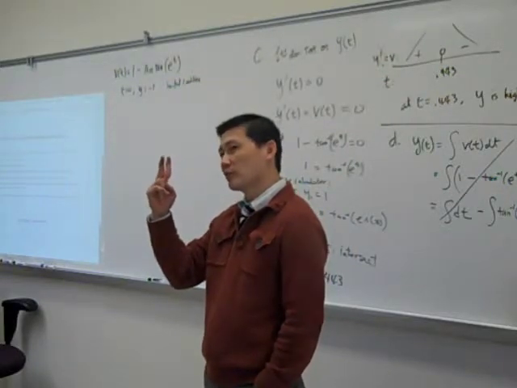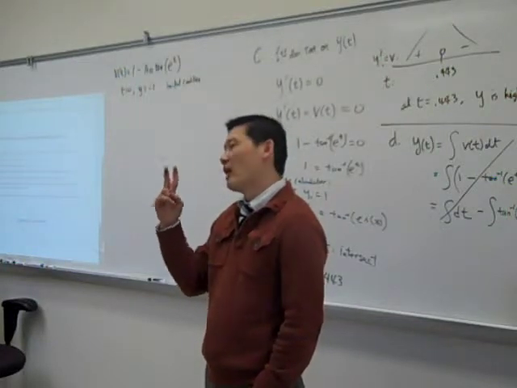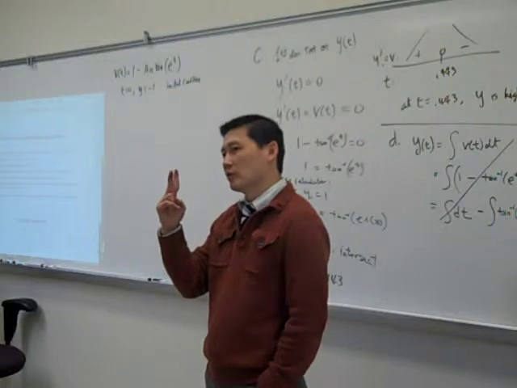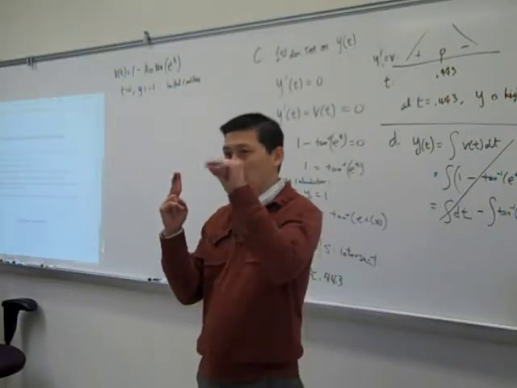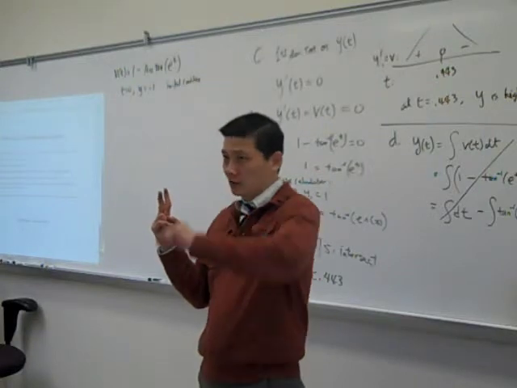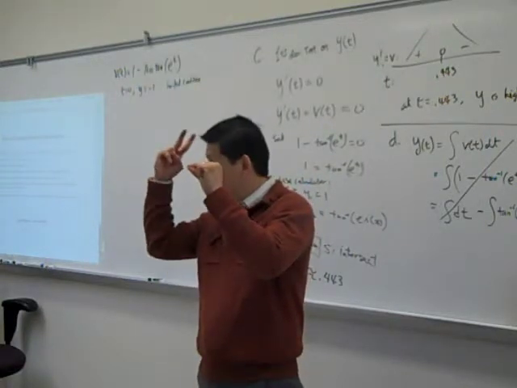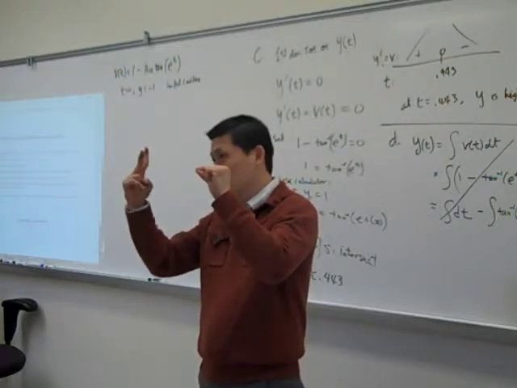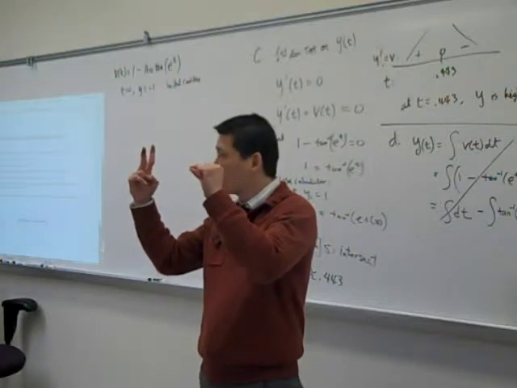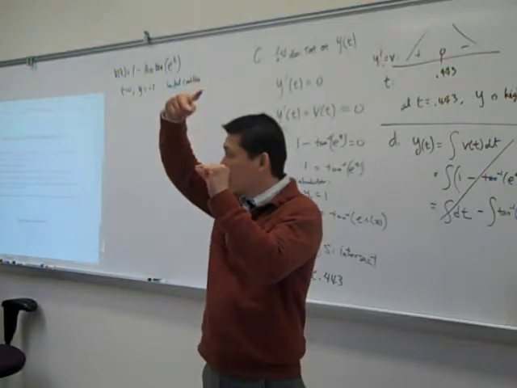What's my final position? My original position is 3, but I'm displaced 2 units. Along the y-axis, I'm at 3. After all this time, I'm displaced 2 units. Where is my position? 2 on top of 3, right? 5, right?